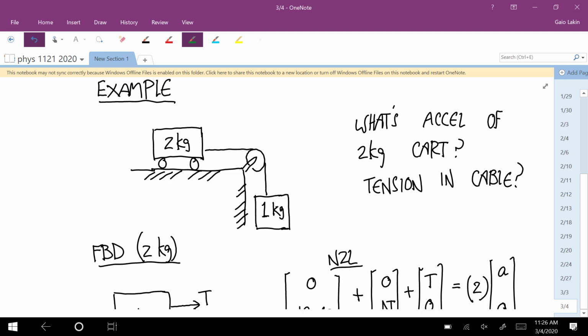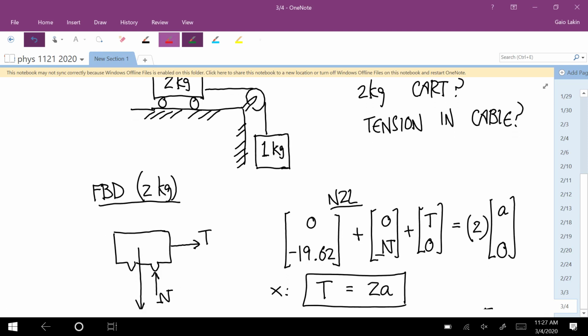Okay, but we want the acceleration of the 2 kilogram part, and I gave a value of a variable. An acceleration is a vector. So how do we come up with the acceleration vector from that value of A? Well, notice that we already came up with an expression for the acceleration vector.